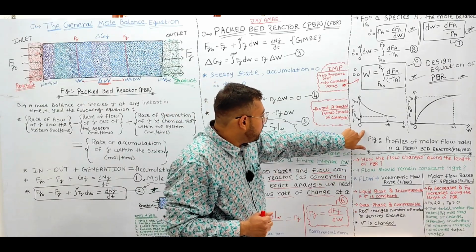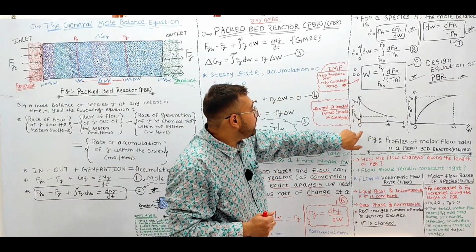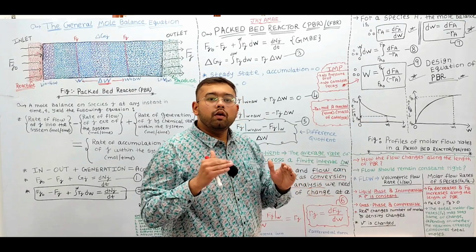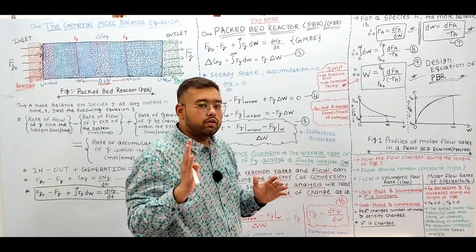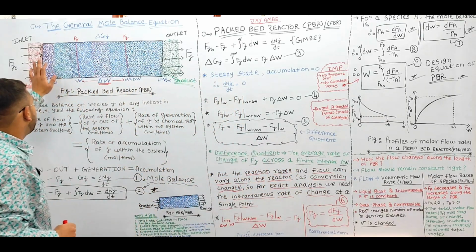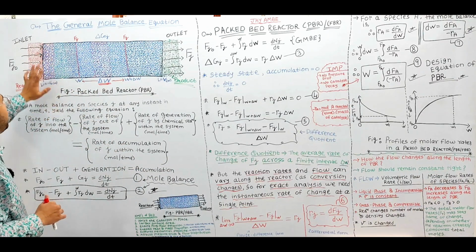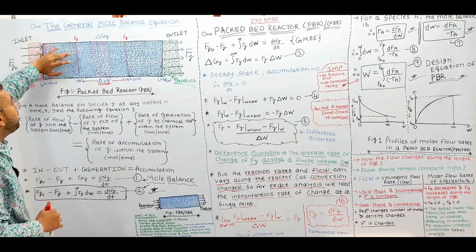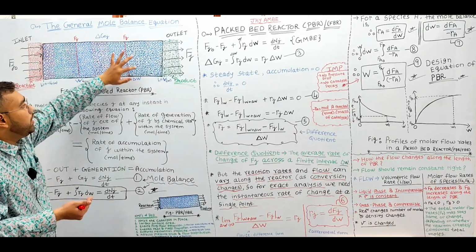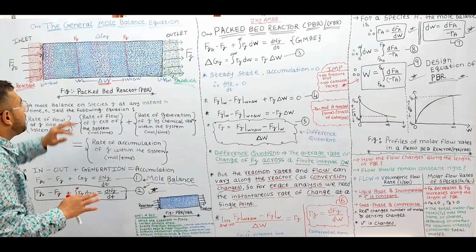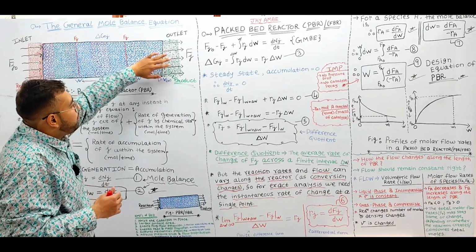In the case of the reactant, at the inlet part we have the maximum amount of reactant concentration. As the reactant flows through the entire packed bed reactor, the reactants will get converted into new chemical species, and those new chemical species will get converted into the final products.